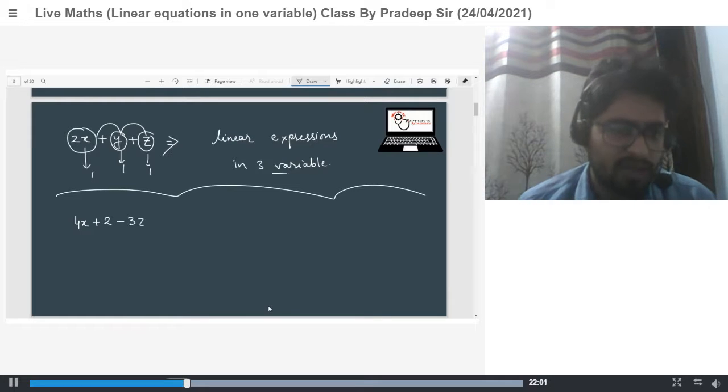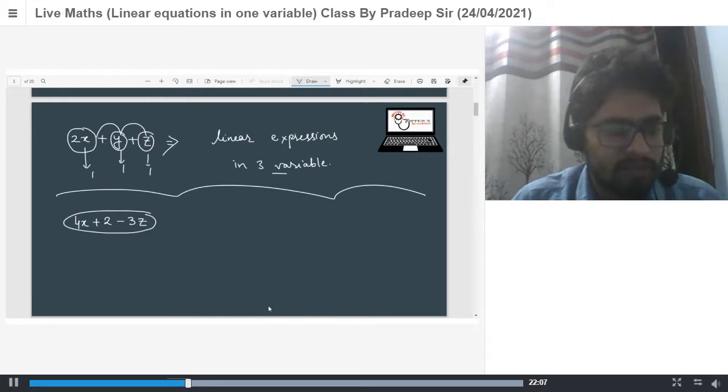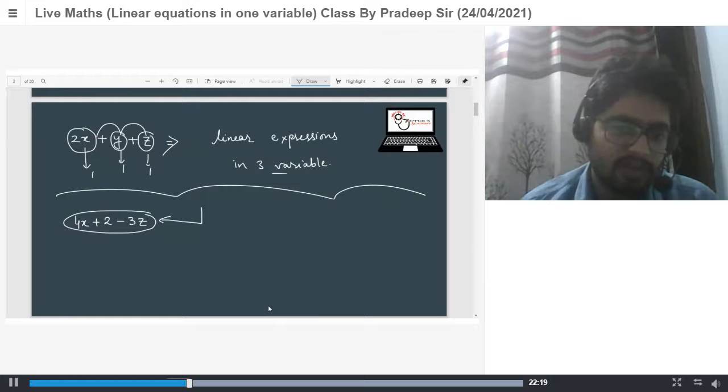This is a linear expression in 2 variables, x and z. I want an example of a linear expression in one variable.